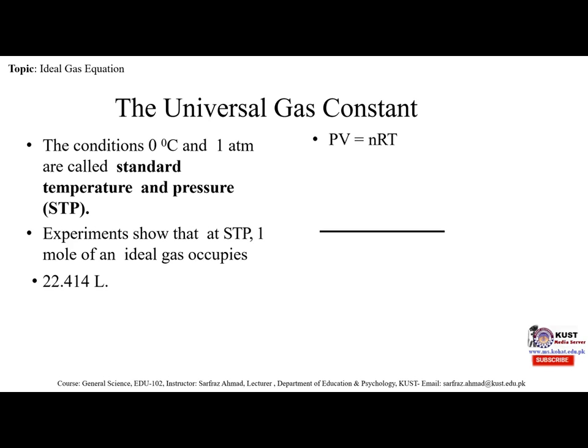And we know the ideal gas equation PV is equal to nRT. And from here we can write down that n, R and T are multiplying, and when we shift n and T from the right side to the left hand side, it will become R is equal to PV divided by NT.